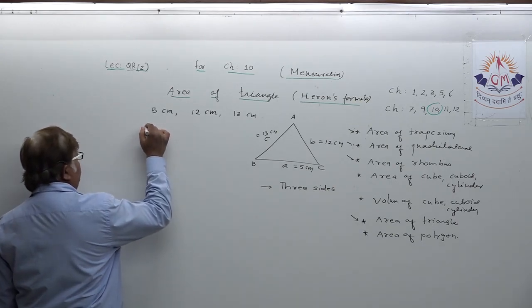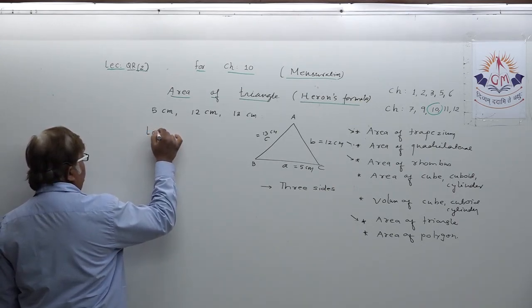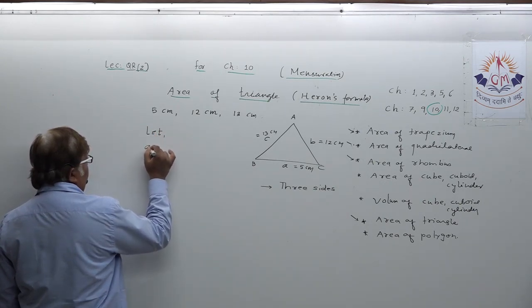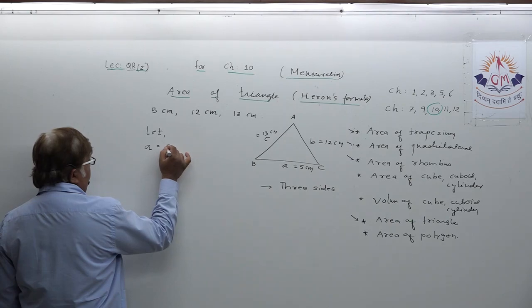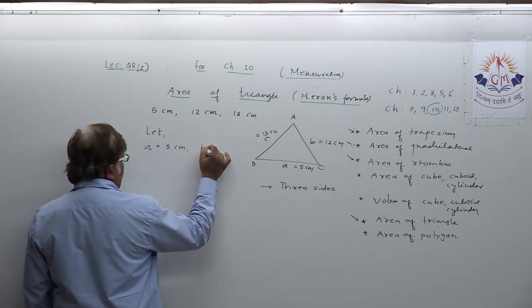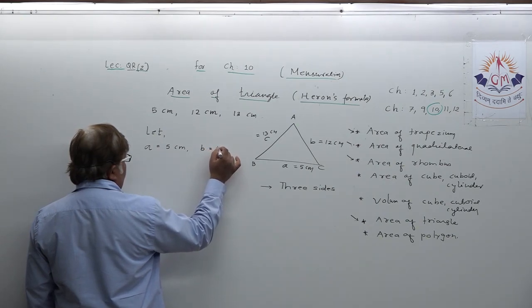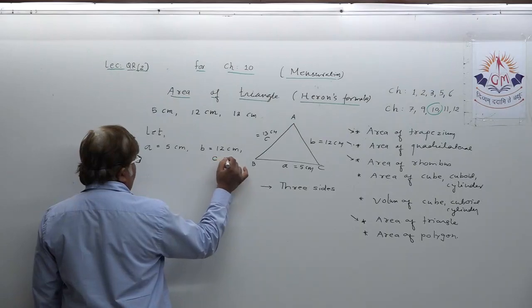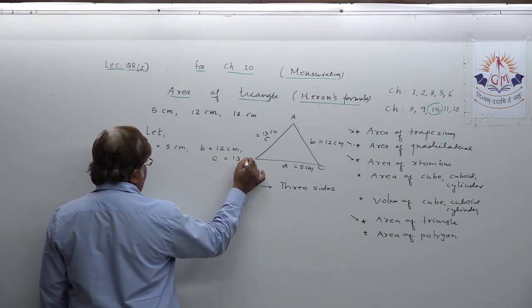The first step, dear student, if you can remember, which we used to write in our regular lecture, let a equal to 5 centimeter. You just calculate with me. b equal to 12 centimeter, c equal to 13 centimeter.